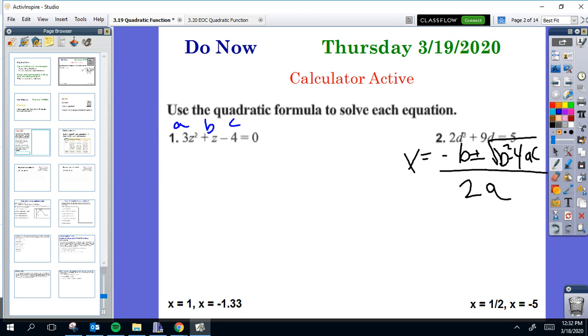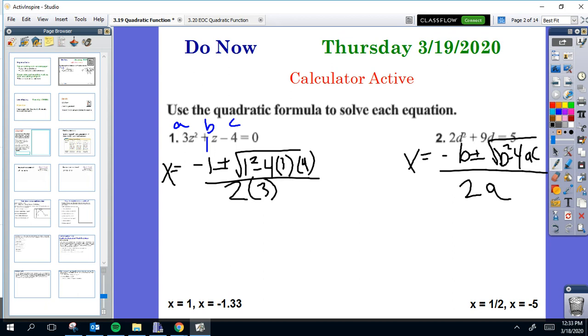All right, so I'm going to do x is equal to negative b. Negative b is negative 1 plus or minus the square root of b squared, so 1 squared minus 4 times a times c. A is 3, c is 4, all over 2a.